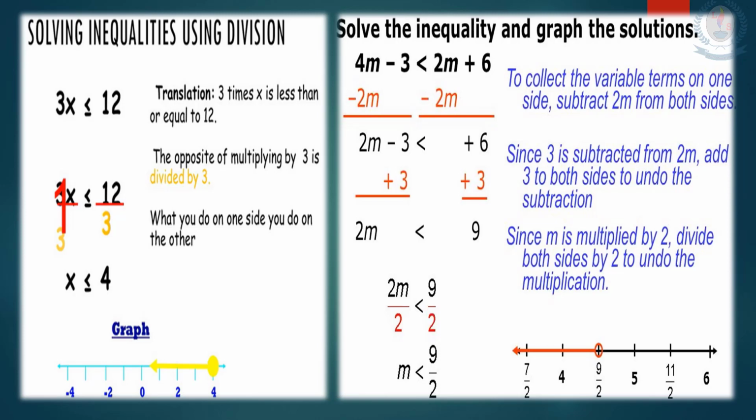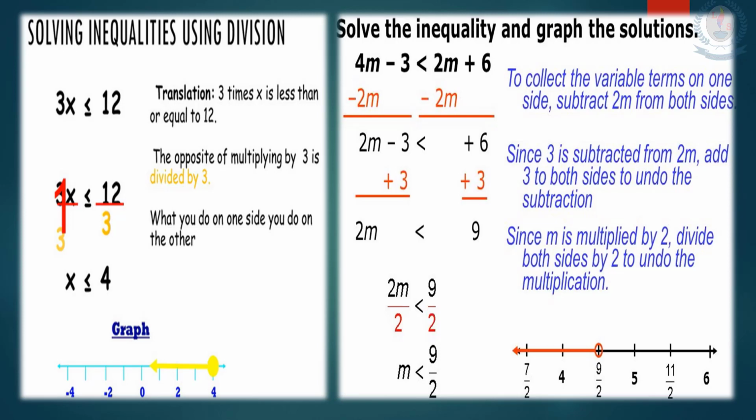Here for the first one, 3x is less than or equal to 12. The opposite of multiplying by 3 is dividing by 3.